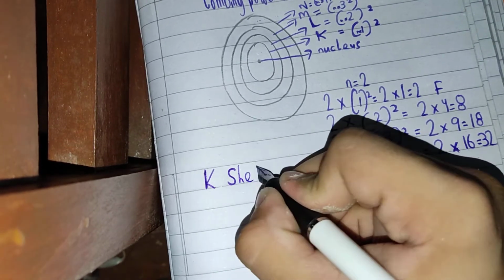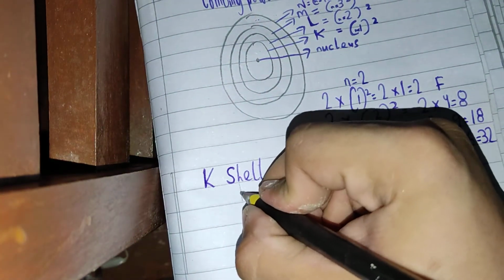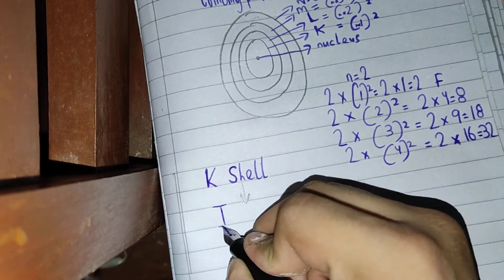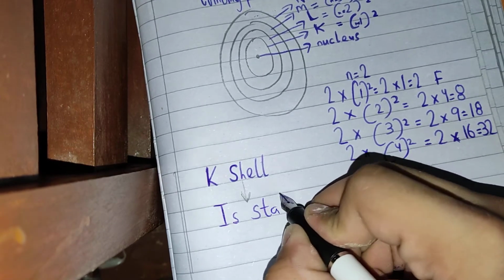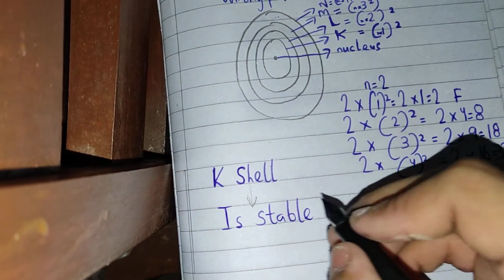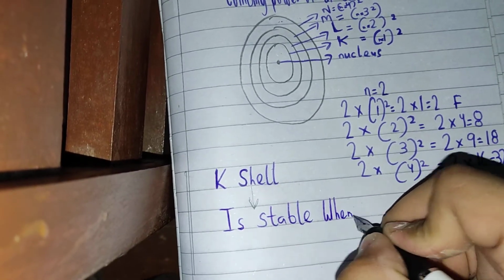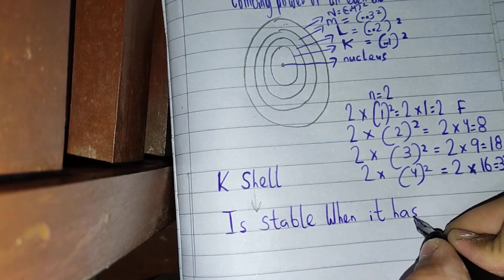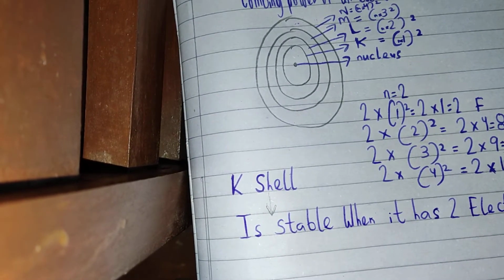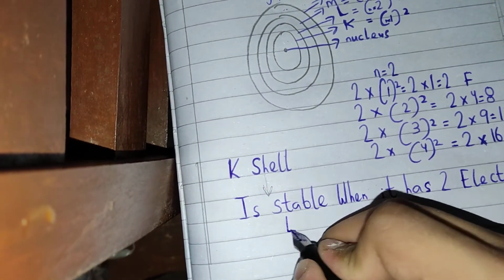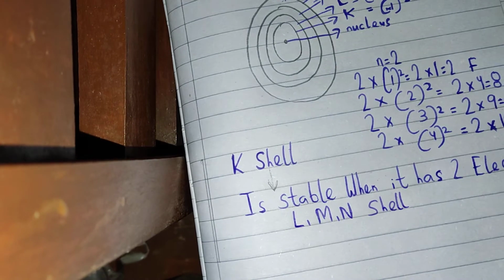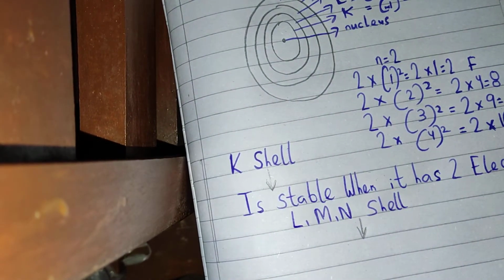The K shell is stable when it has two electrons. Now I'll be talking about the L, M, N shells.